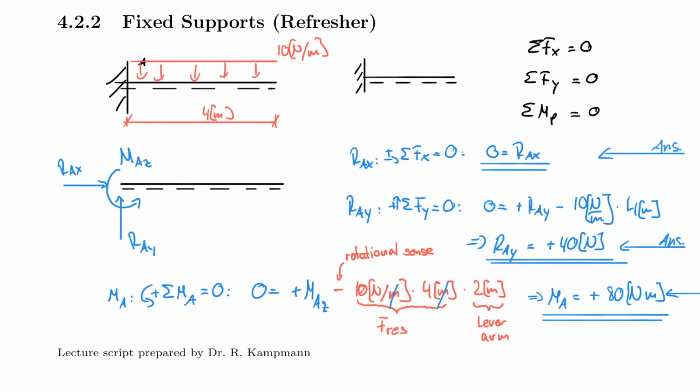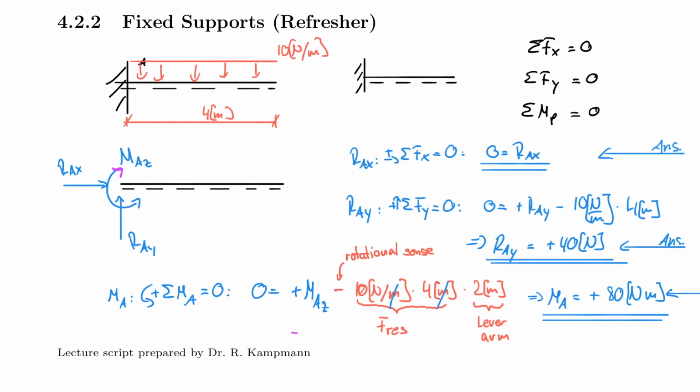This can be confusing sometimes because so often the plus here coincides with this being counterclockwise. But that is only true because I defined it as such. Really, you need to read these pluses for your support reactions as, hey, either I was right, plus, or I was wrong, then it would be negative, right? So what this plus means is you interpreted the direction correctly. For example, if I had assumed MAZ to go in this direction, what would have happened?